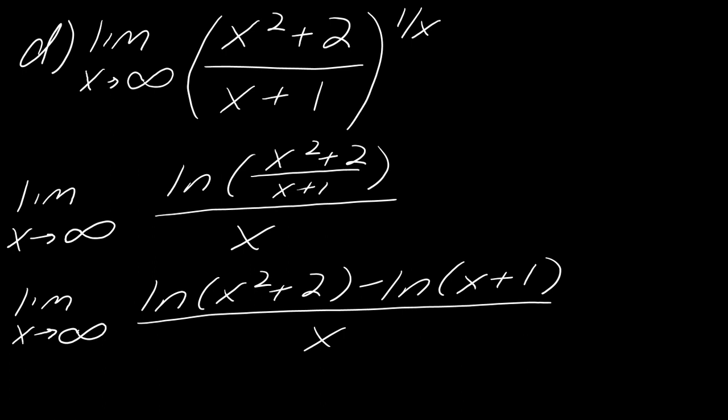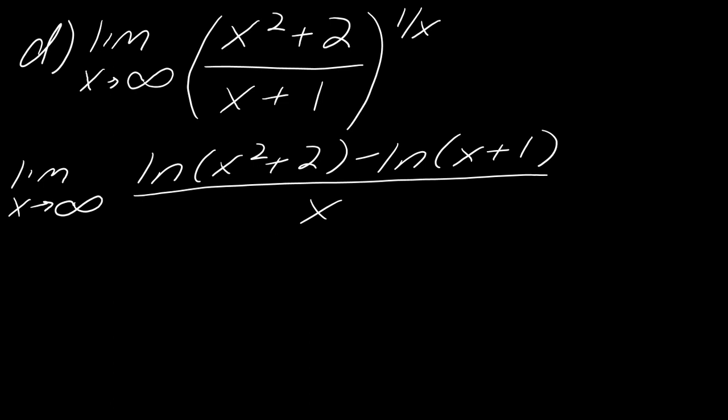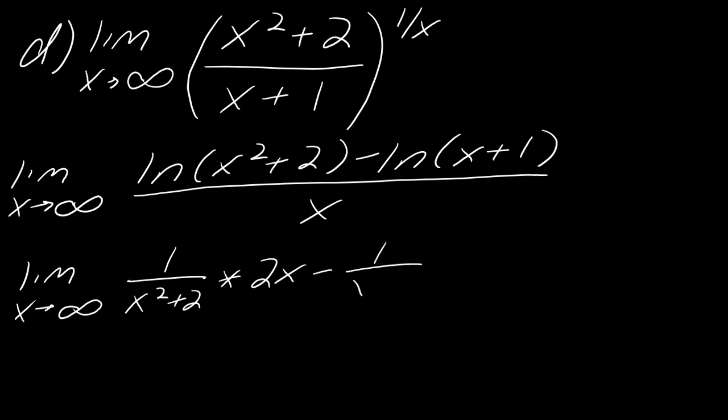And so while I still have to use the chain rule here, at least I don't have to use the quotient rule. So now I feel comfortable taking the derivative. So let me clear some space again. And now let's go ahead and take some derivatives. So this is going to be 1 over x squared plus 2 times 2x minus 1 over x plus 1. That's the derivative of the top, and then the derivative of the bottom is just 1 here.